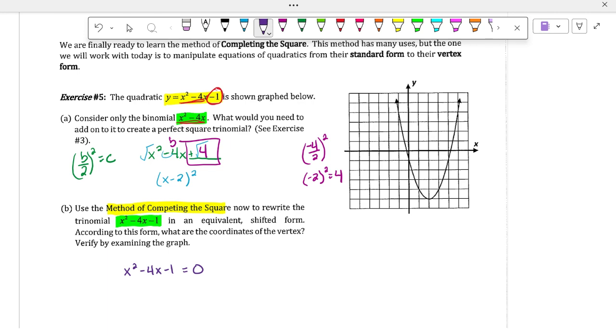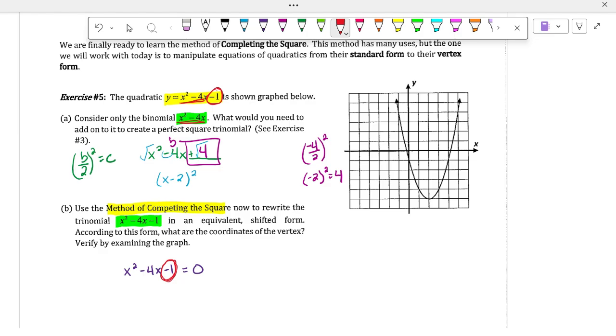Now, if you recall from our completing the square activity with the algebra tiles, we need to add or subtract something to this negative 1. Now, without algebra tiles, that's pretty hard to do.